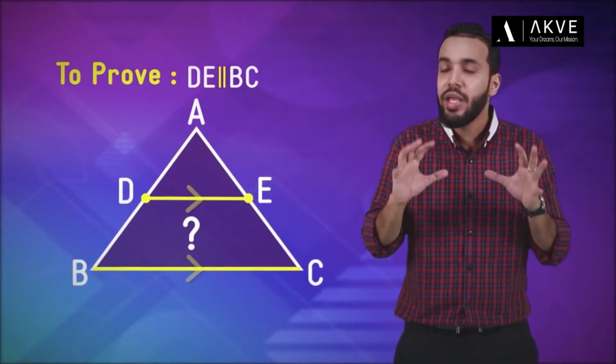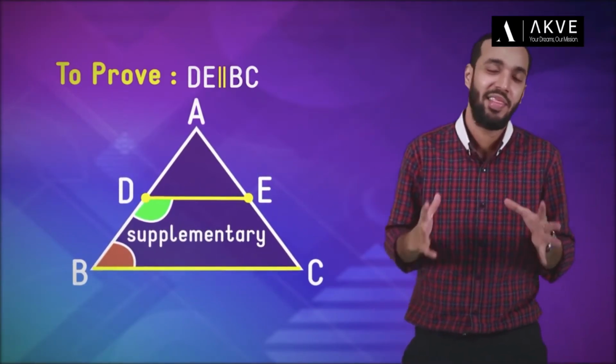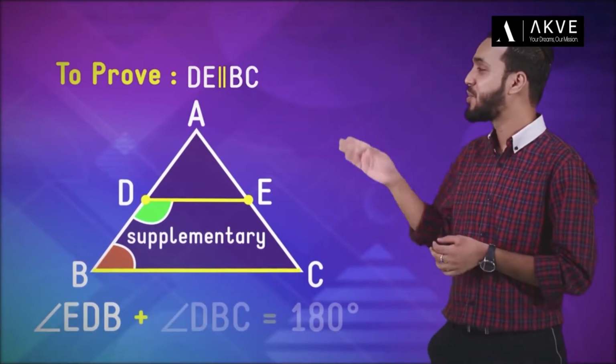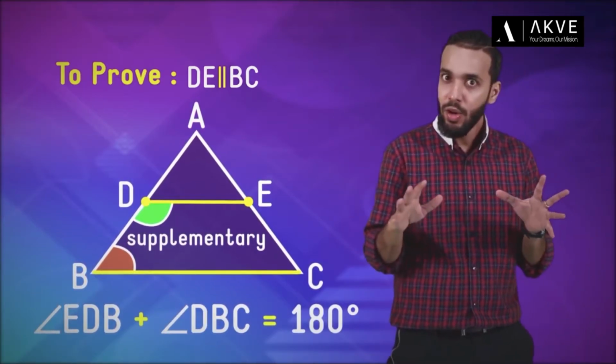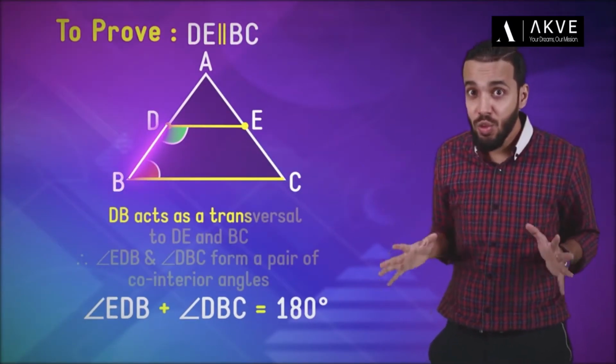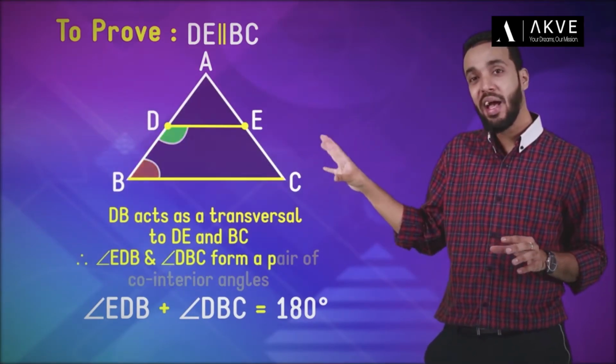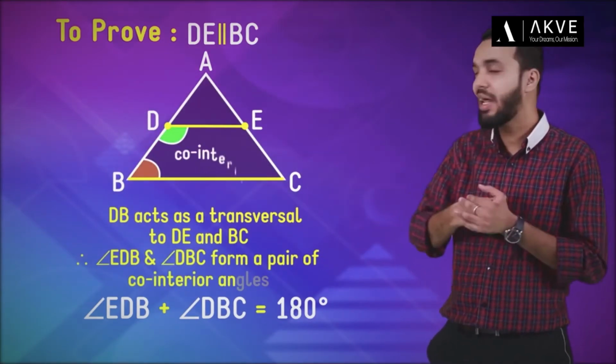So, first things first, how do we prove that DE is parallel to BC? Well, one way could be by proving that these two angles are supplementary. That is to say, they add up to 180 degrees. Because if you think about it, DB acts as a transversal to DE and BC. So, these two angles form a pair of co-interior angles.